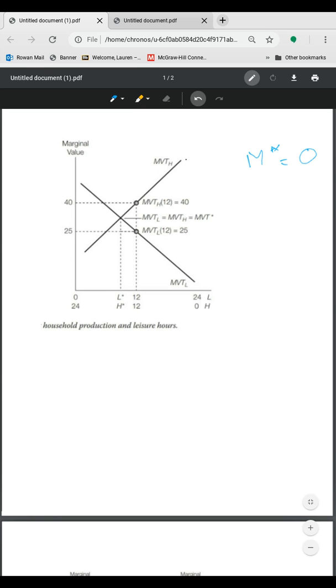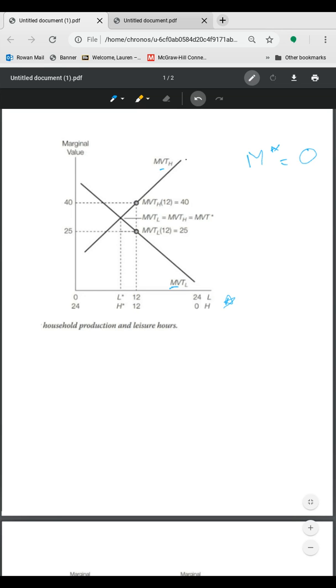So we're only spending time in the household or leisure. And we have an upward sloping line for marginal value of time in the household, and the marginal value of time in leisure. And I want to show you this x-axis because it is a little different. So I did note that in the PowerPoints, but let me explain.